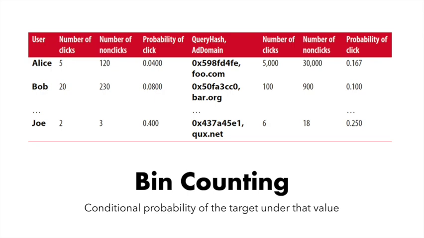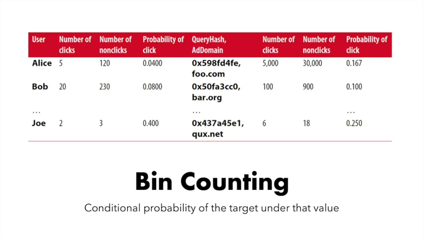Bean counting assumes that historical data is available for computing the statistics. And in this table, the historical counts are aggregated for each possible value of the categorical variable. Based on the number of times the user Alice has clicked on any ad and the number of times she has not clicked, we can calculate the probability of her clicking an ad.